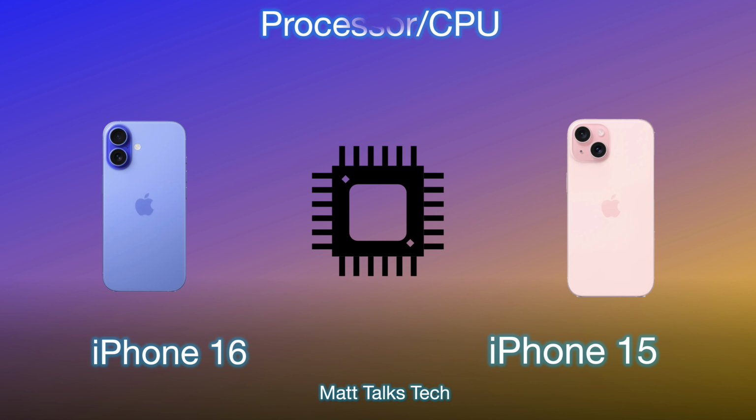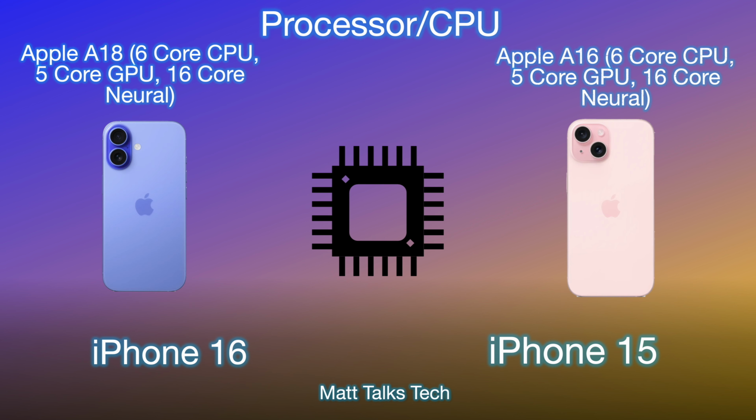But then moving over to the processor, the CPU, then obviously, yeah, there's some differences here. We've actually got 2 generations ahead with the iPhone 16. But just to explain here, the iPhone 15 came with the A16 inside of it. And this is the exact same chip that was in the likes of the iPhone 14 Pro models. This was a 6-core CPU, 5-core GPU, and a 16-core neural engine inside of it.